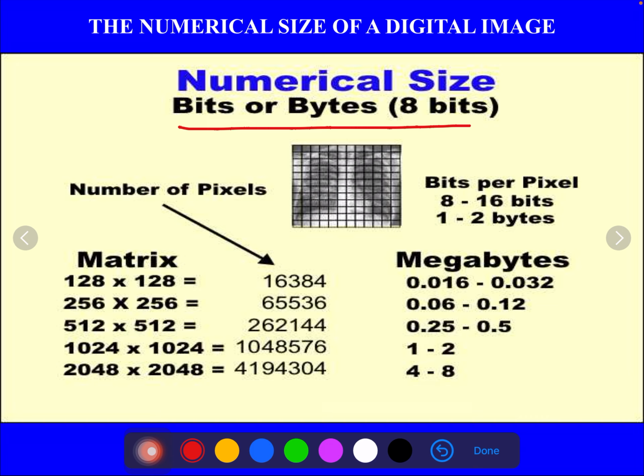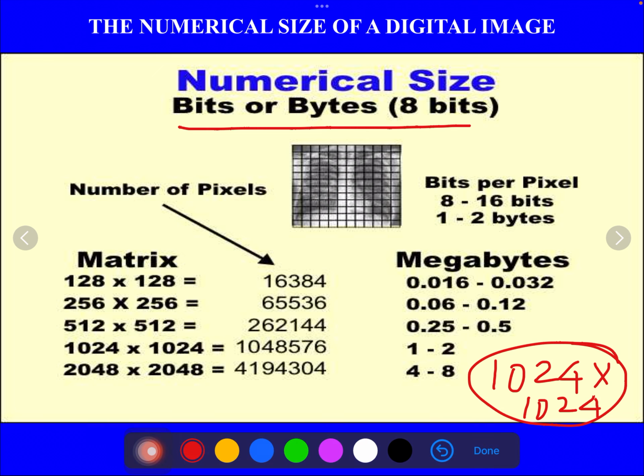For example, if the image resolution is 1024 by 1024 with an 8-bit pixel, it will occupy 1 megabyte of space. Okay, to store this size of image requires 1 megabyte of space.